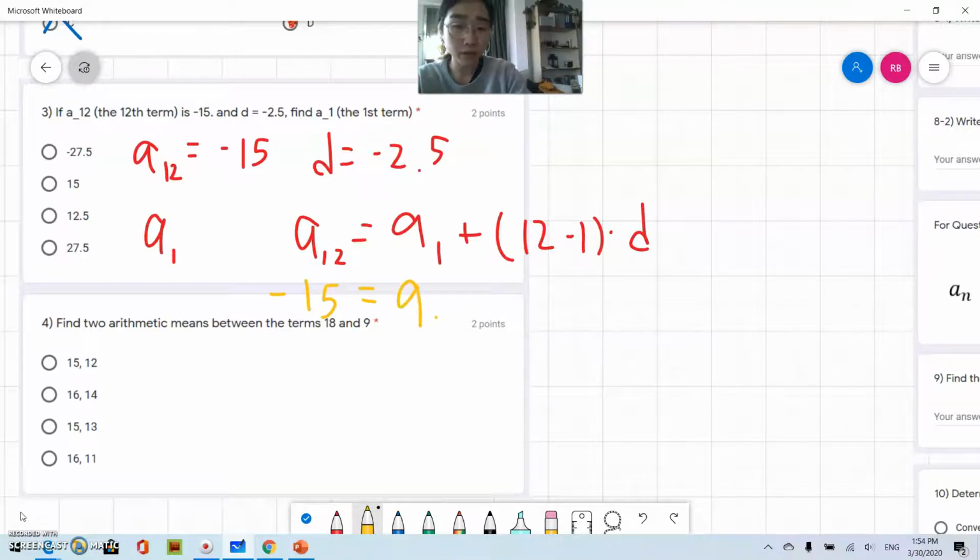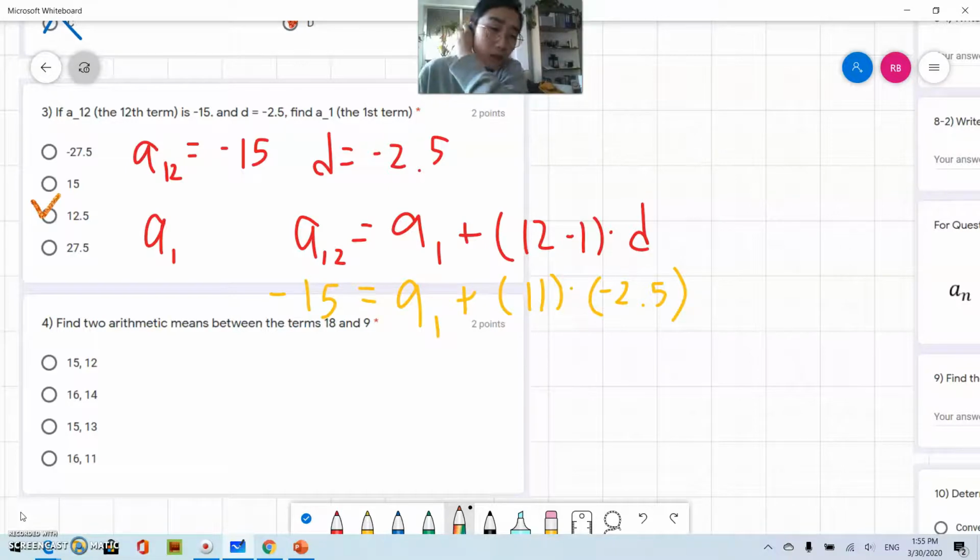We don't know A1, that's what we are trying to find. 11 times negative 2.5. So if I do 11 times negative 2.5, and that's negative 27.5, so we add that to both sides, then I get 12.5 as my A1.